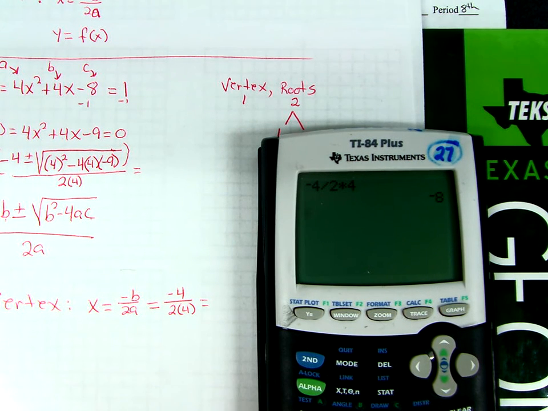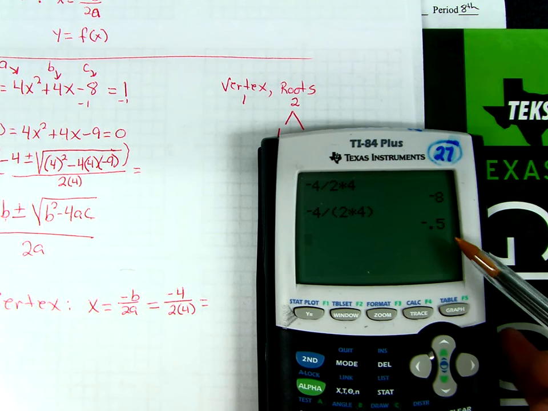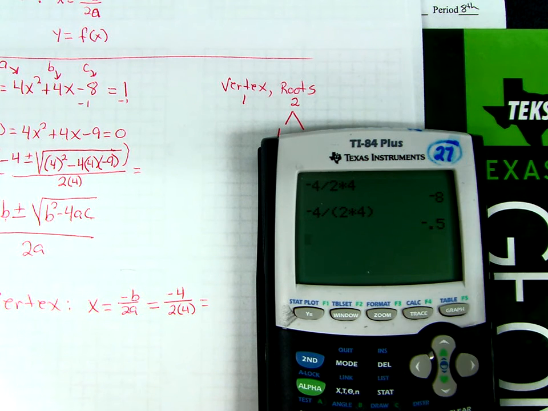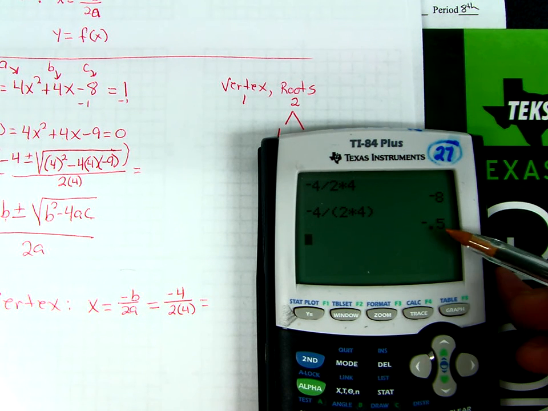And that is not the correct answer. If you're going to put the multiplication in the denominator, then put it inside of parentheses. See what a difference it makes. Negative 0.5. Big difference between negative 8 and negative 0.5. The correct answer is negative 0.5.